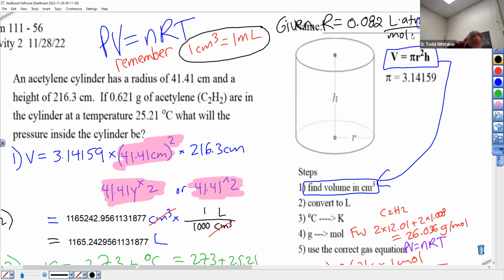For students who are buying into the chemistry game that we play, when a teacher gives you a constant and it's got all those units, it tells you what units you need for this question. You need liters, you need atmospheres, you need moles, you need kelvins. And the steps are just reminding you of that. So R is 0.0821 liter atmospheres per mole Kelvin.